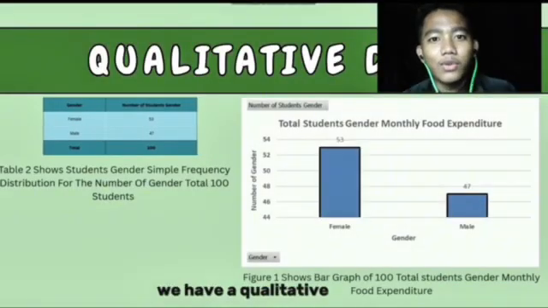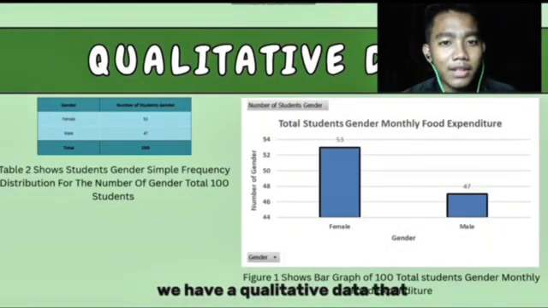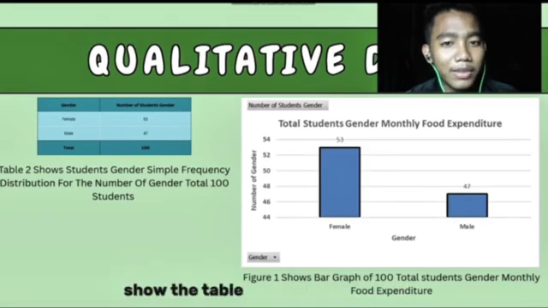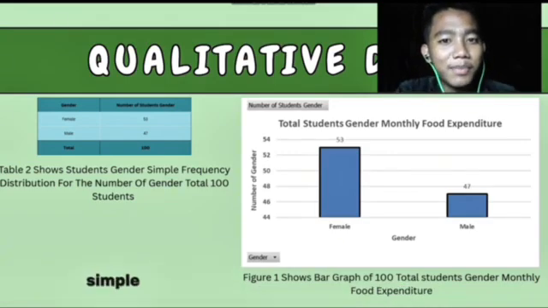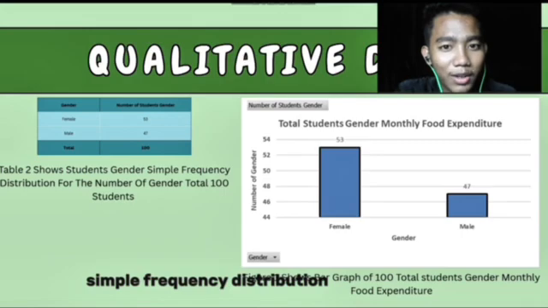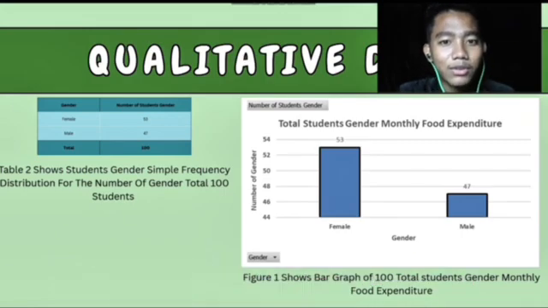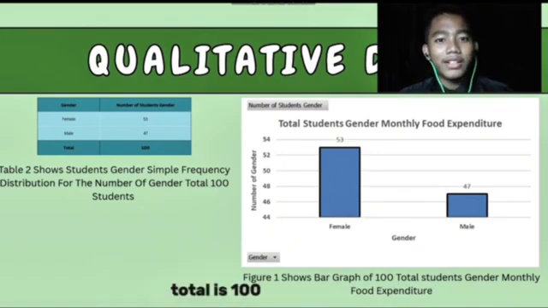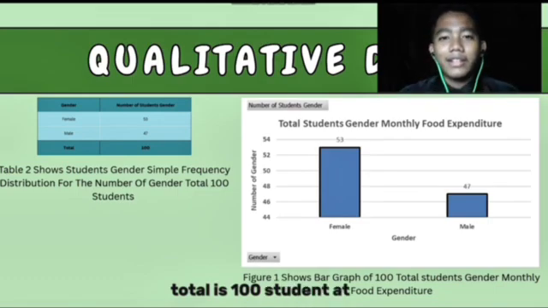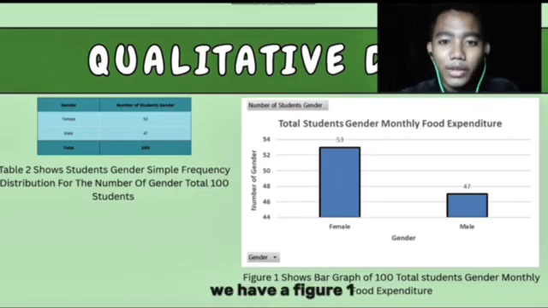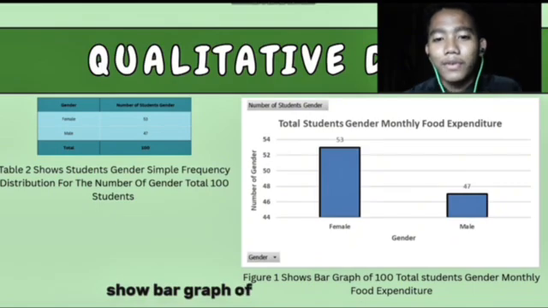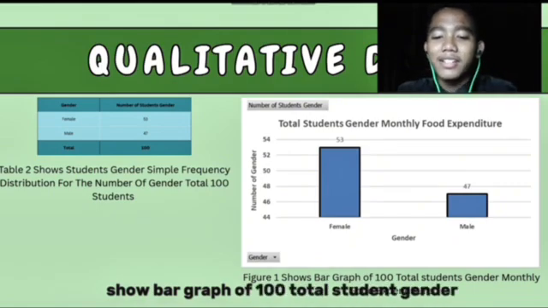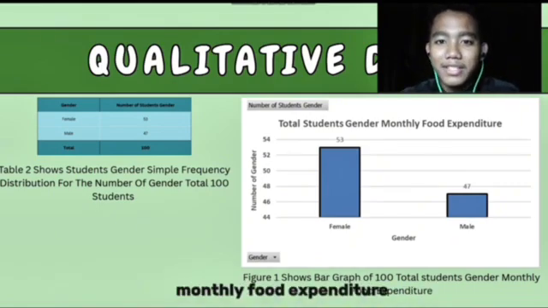Next, we have qualitative data. The table shows student gender simple frequency distribution for the number of gender: female 53 and male 47. Total is 100 students. At right, we have figure 1 showing a bar graph of 100 total student gender monthly food expenditure.